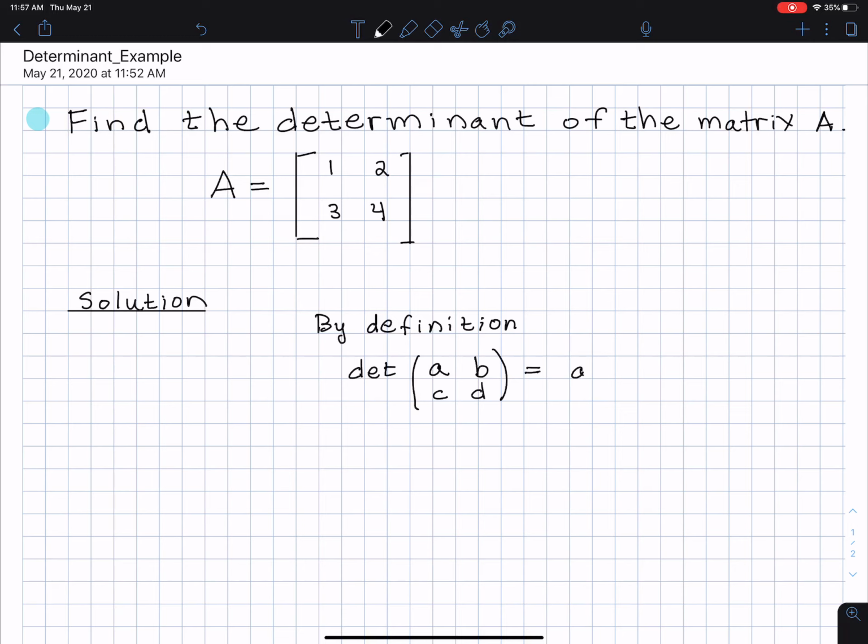It's AD minus BC. That's the formula. So if we look at this one up here, the determinant of A is given by, well, let me just go ahead and calculate it.